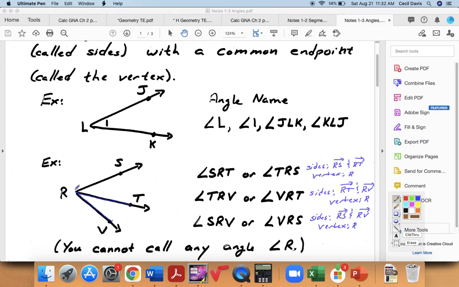I can go from S to R to the other side, V, or from this side, V, to the vertex R, to the other side, S. Again, you cannot call any angle R because there are three different angles that have a vertex at R. If you say the angle with a vertex at R, people are going to be confused.